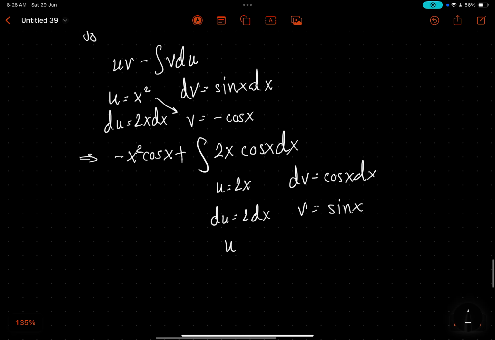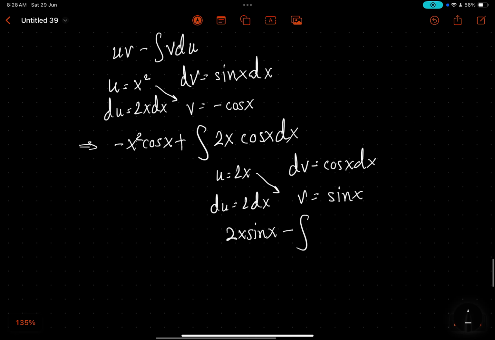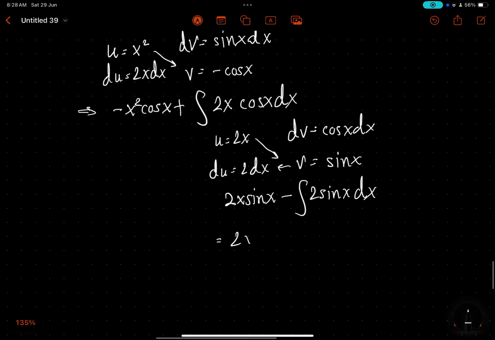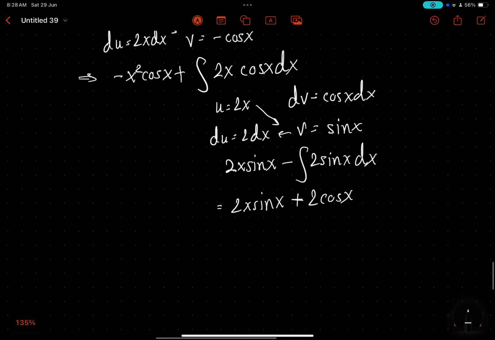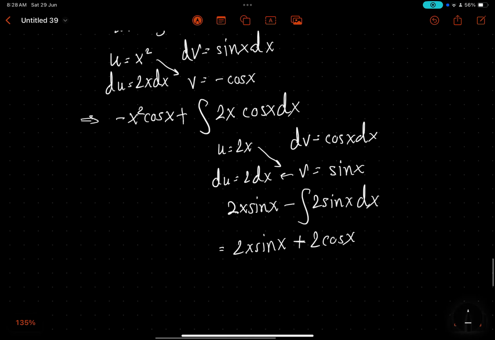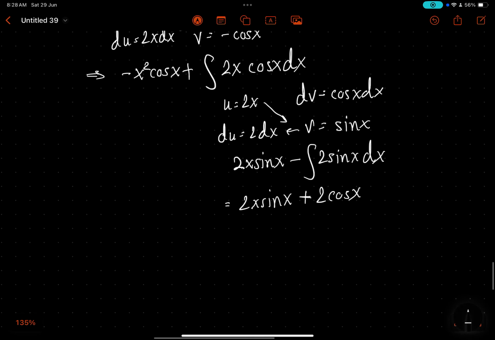Now uv gives us 2x sine of x, minus the integral of v du, so 2 sine x dx, which gives 2x sine x plus 2 cosine of x. Of course, plus c, but we won't need it here.